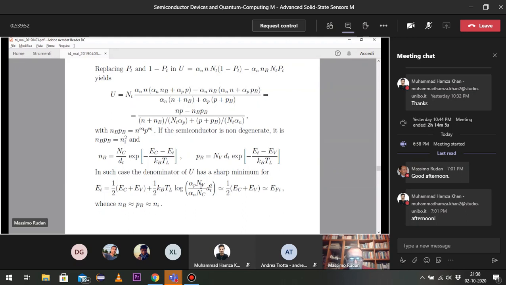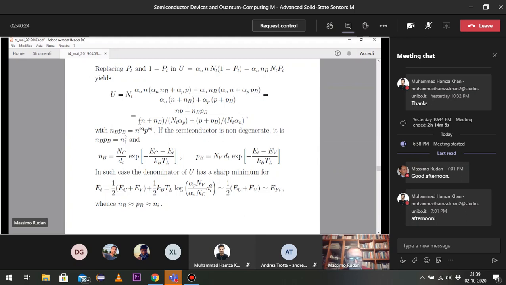So apart from a small correction, the most efficient value of the trap energy for the trap-assisted transitions is the mid gap, okay? So we simply neglect all the other traps with different energy. We keep only the traps at the mid gap as the most efficient ones.